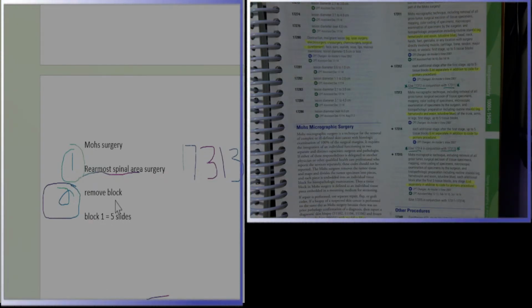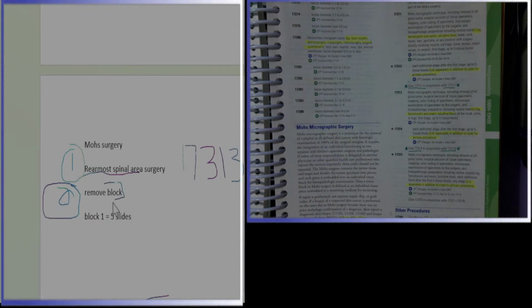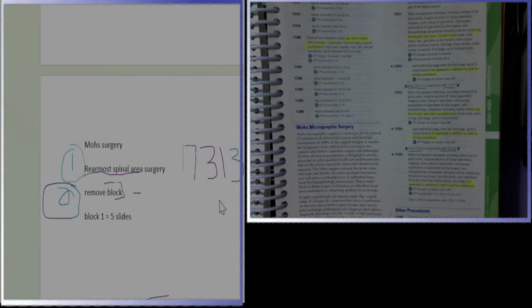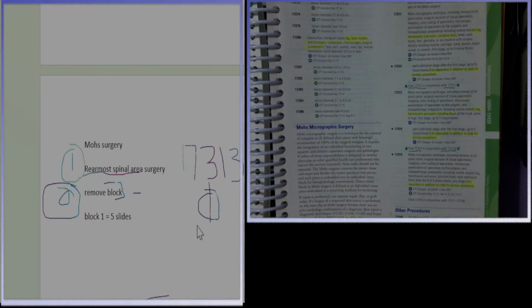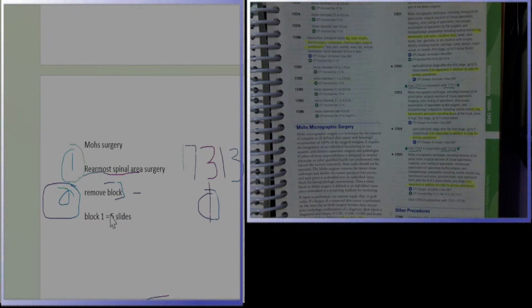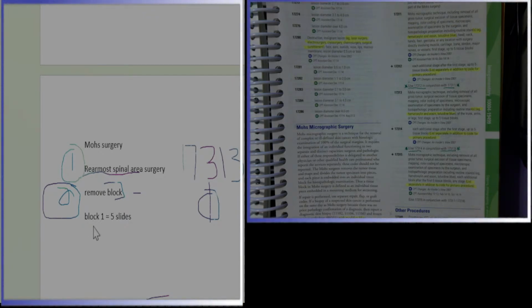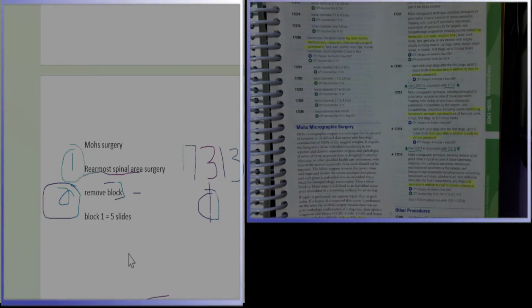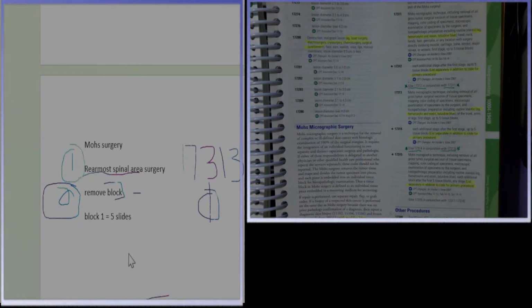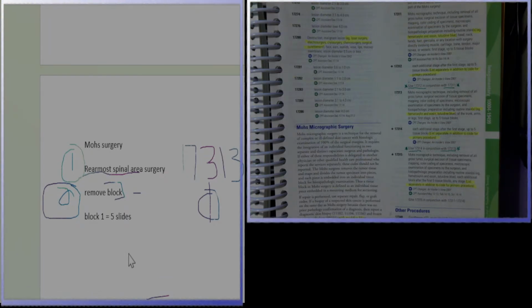It is singular. It says one block, so that means one stage. So there's no other code. We don't do our 14. And then that one block was cut into 5 microscope slides. So do we add our 15?